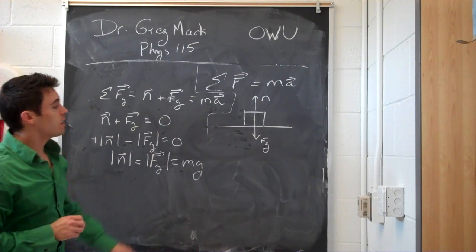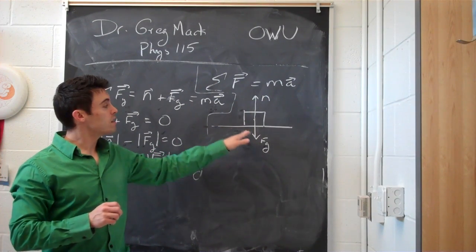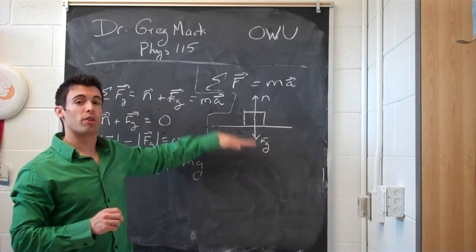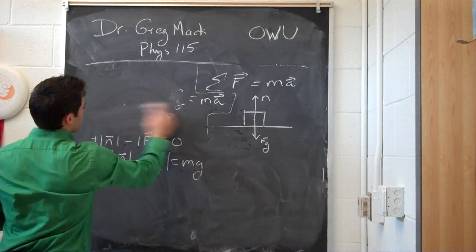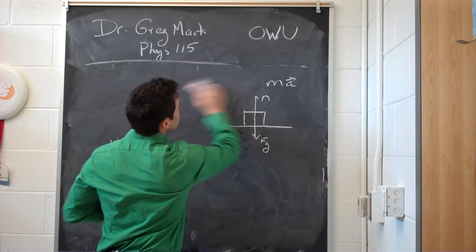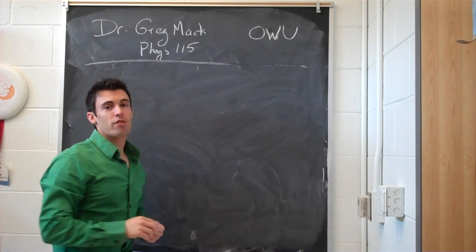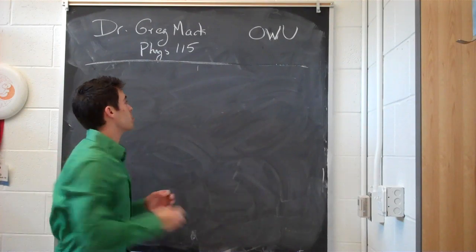Okay? And n is not always equal to Fg. It is in these cases where it's flat and not moving in the y direction, but we don't always have those situations. If instead you have a box sitting on an inclined plane, then things are different.